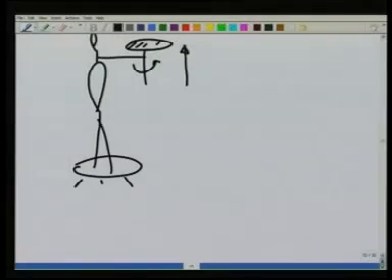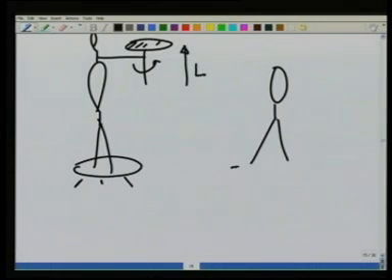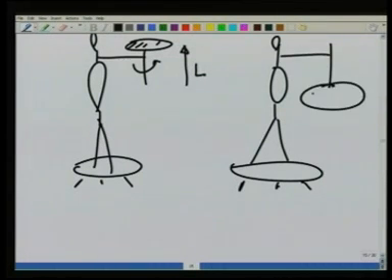That means initially the angular momentum that the wheel has is in this direction. All of a sudden what I'll do is hold it pointing downwards, so that the L would now change direction.